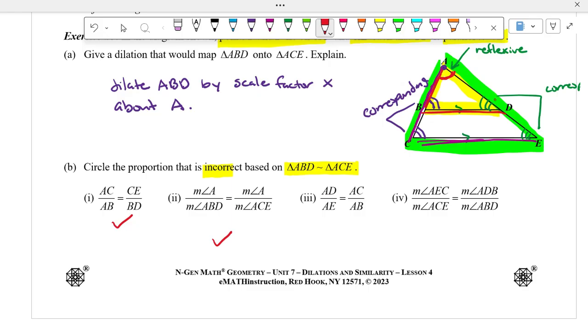AD is on the smaller triangle, AC is on the bigger triangle. So since these parts right here don't match up because they're not on the same triangle, this is the proportion that's wrong. And then these are just the sets of the corresponding angles, and they are true. But you have to be careful. When you make your proportions, everything has to match up.